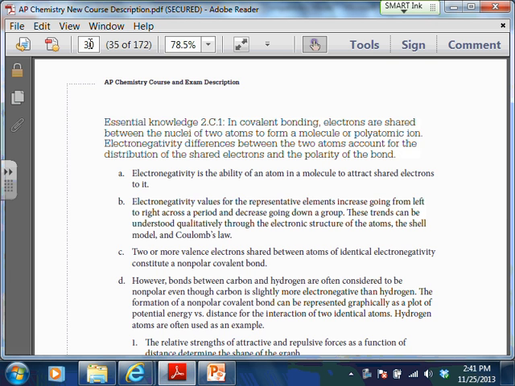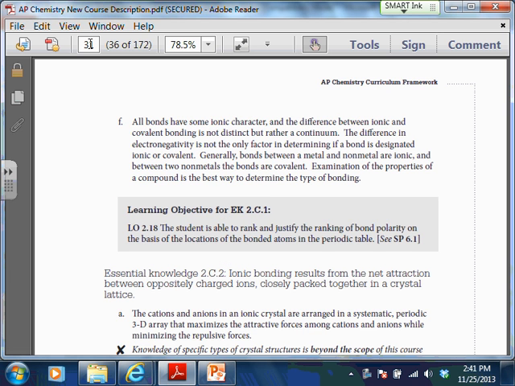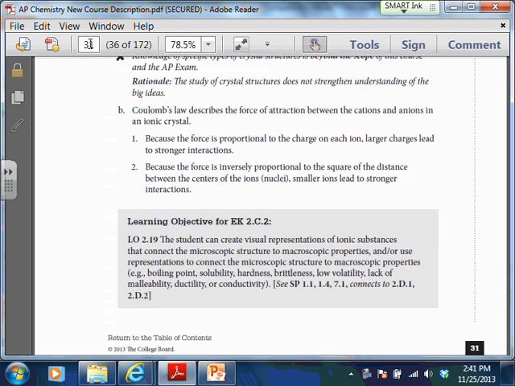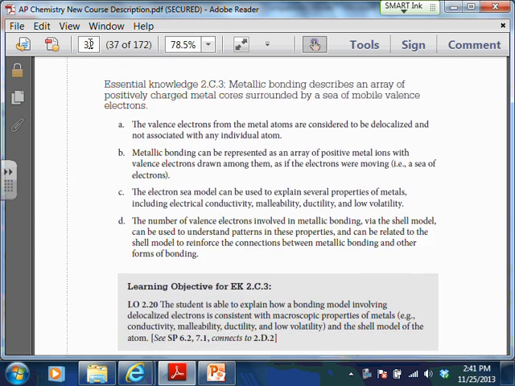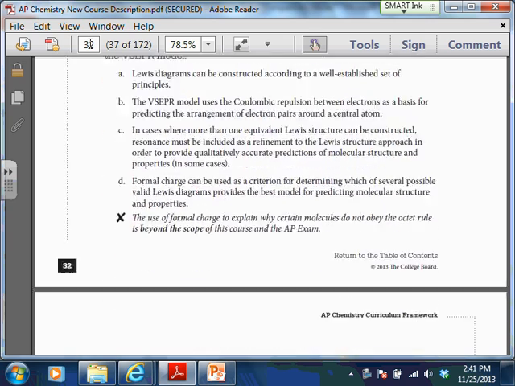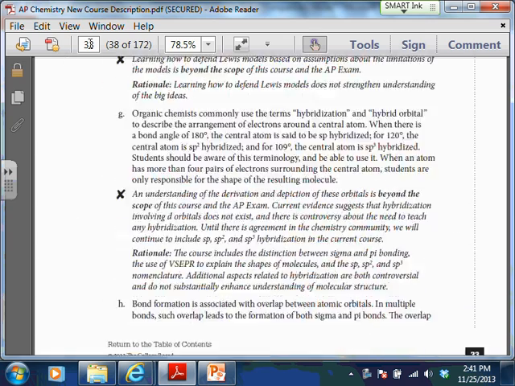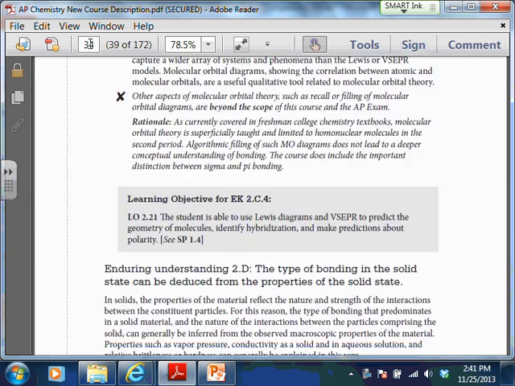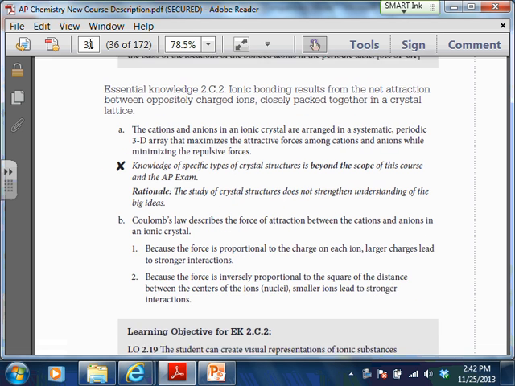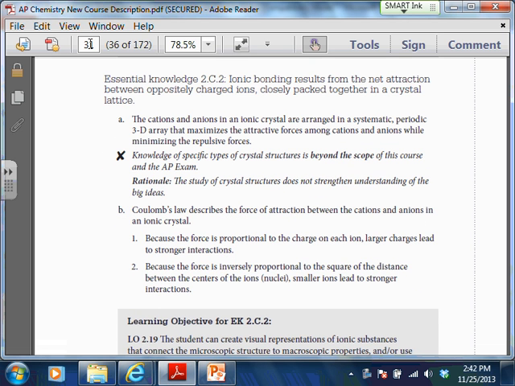Let me see if I can find where I need to be. That's covalent bonding, ionic bonding, metallic bonding. I just need to look at the notes that I gave you today and make sure that I hit on some of these.